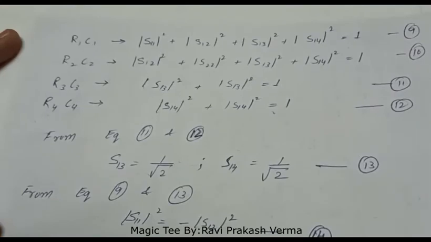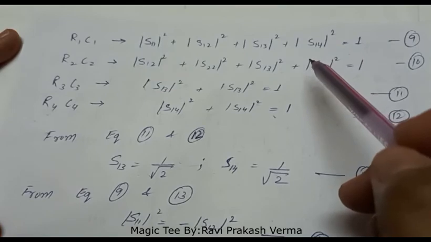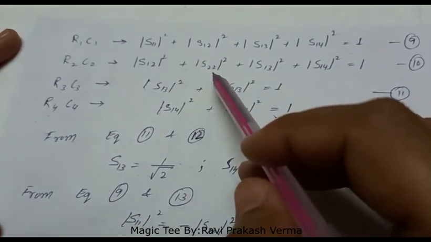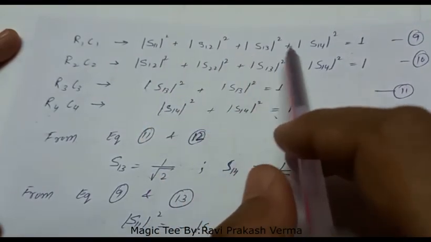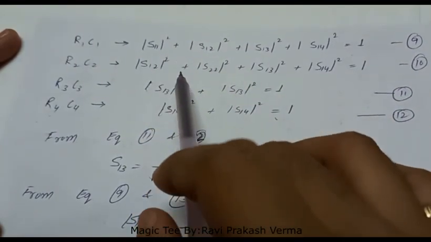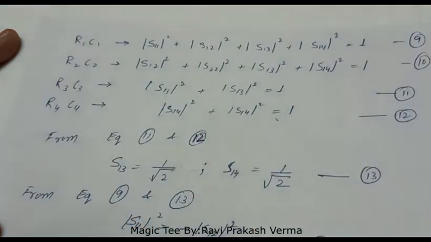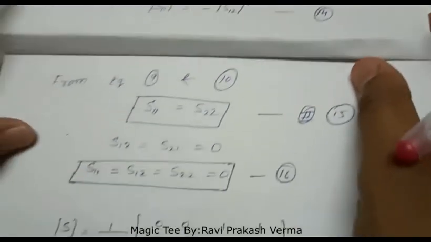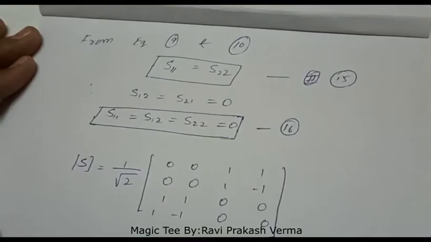So by using equations number 9 and 10, we can say that S11 is equal to S22, because all three variables S11, S13, S14 are in both equations. So we have obtained S11 is equal to S22, given as equation number 15.